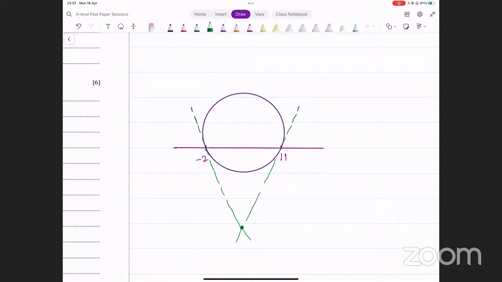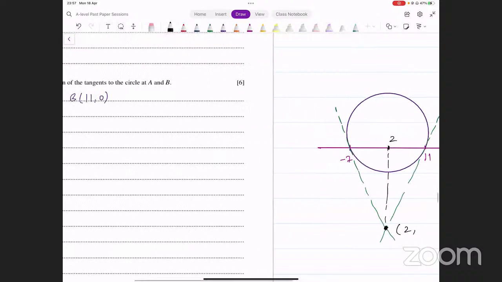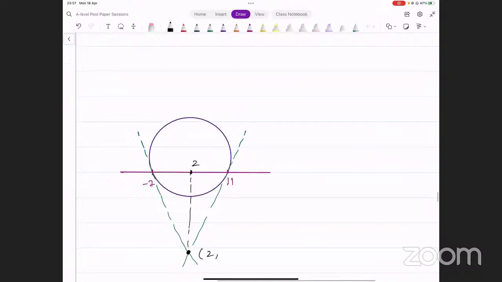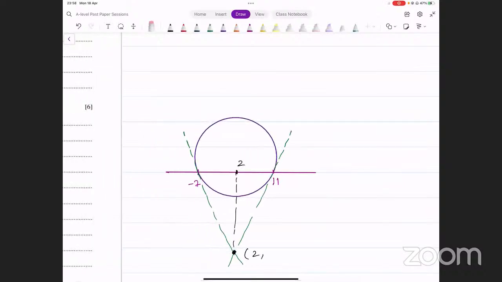You know that these are two tangents coming from a single point. सेम पॉइंट से दो टेंजेंट्स आ रहे हैं, दोनों टेंजेंट्स इक्वल होंगे, तो ये टेंजेंट और ये टेंजेंट यहां तक इक्वल है, तो बिल्कुल इसके ऊपर आपका ये जो पॉइंट होएगा, -7 और 11 का सेंटर, which is 2, ये इसका एक्स कोऑर्डिनेट होएगा. देखिए सिर्फ फिगर ड्रॉ करने से, एक रफ फिगर बनाने से आपको पता चल गया कि इसका जो एक्स कोऑर्डिनेट होगा वो 2 होएगा. और आपके जो सर्कल के सेंटर का एक्स कोऑर्डिनेट है वो भी ऑफ कोर्स यहाँ पे 2 ही होएगा.